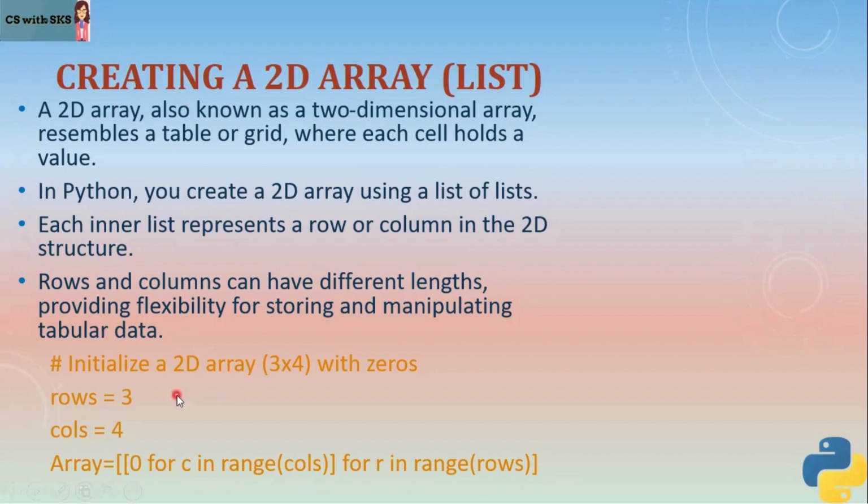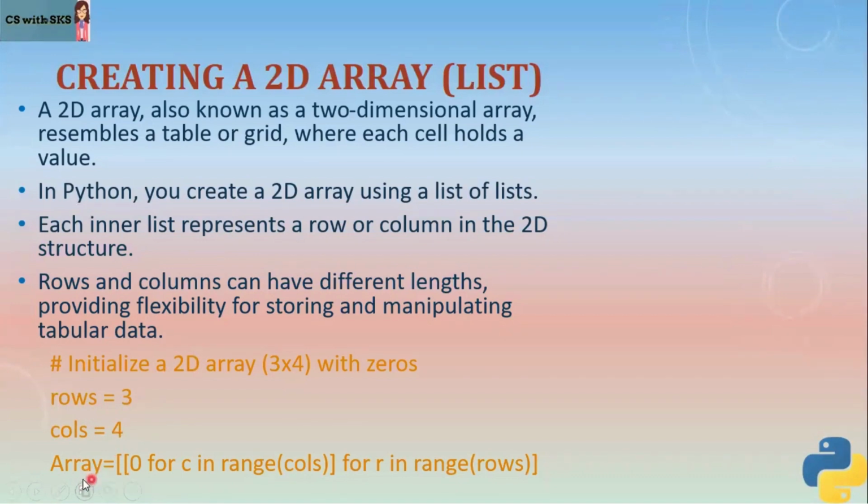Here is one example where I'm initializing a 2D array of 3x4, where rows are 3 and columns are 4, with zeros. I'm basically filling each data item with value 0. I have taken two variables, rows and cols, putting an individual value for each.